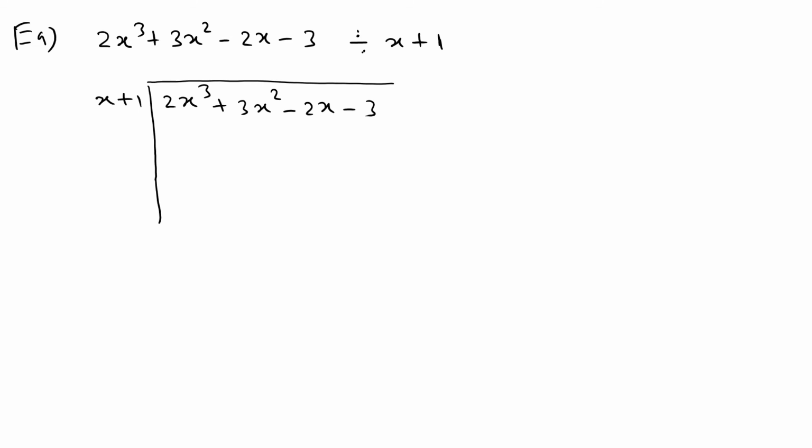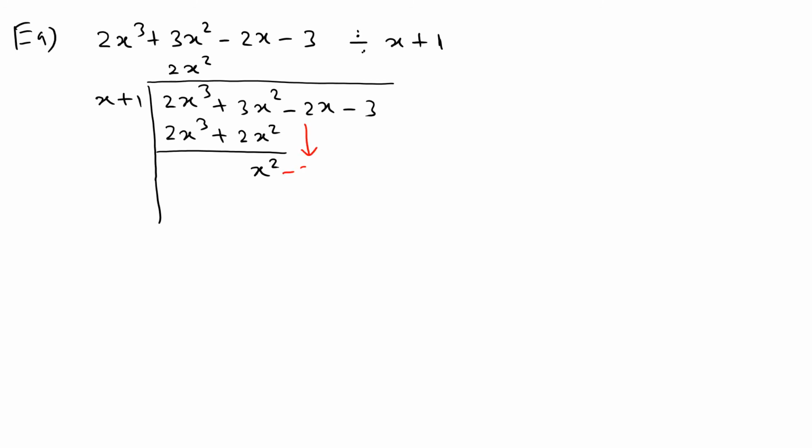If you compare the leading terms, you can see 2x squared is the missing one. So if you multiply by that, you're going to get 2x cubed plus 2x squared, and then subtract. When you subtract, you're going to get x squared, and then we're going to bring the next term down.